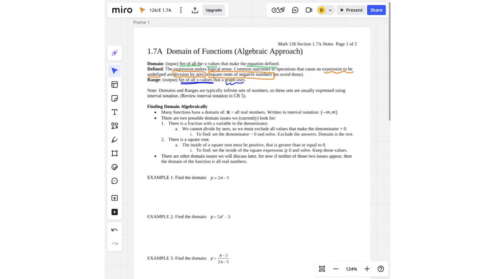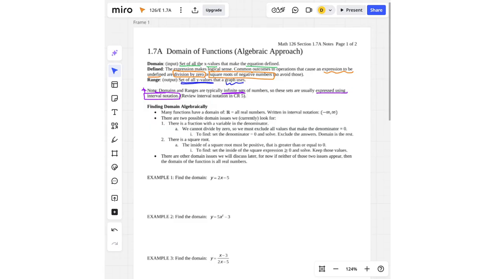So for infinite sets, we typically express these using interval notation. We talked about interval notation with parentheses and brackets, starting at the least value, going to the greatest value.